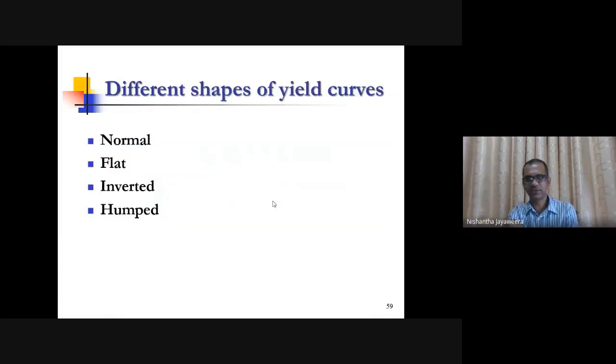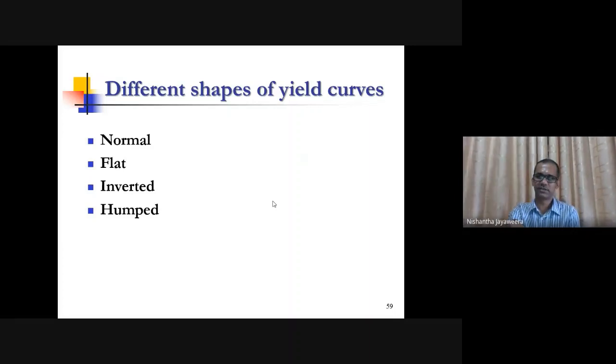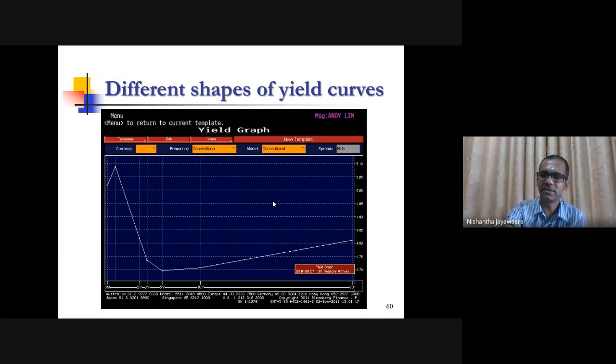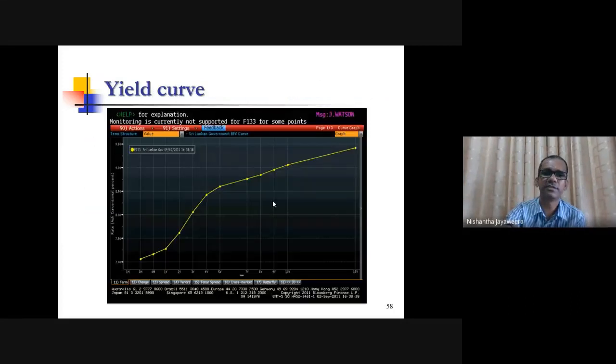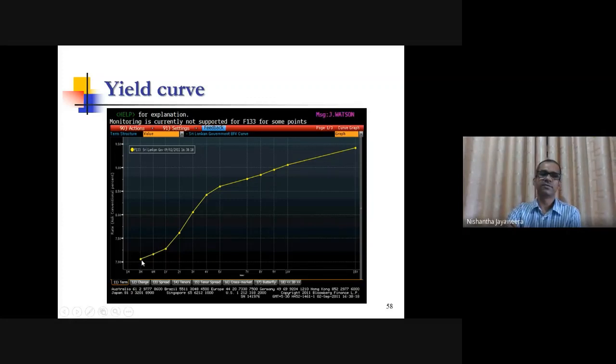There can be different shapes of yield curves: normal, flat, inverted, humped. We'll go through each and see the different shapes. The one I showed you previously is a normal curve, not exactly theoretically normal, but where with the increase of maturity, yield increases.